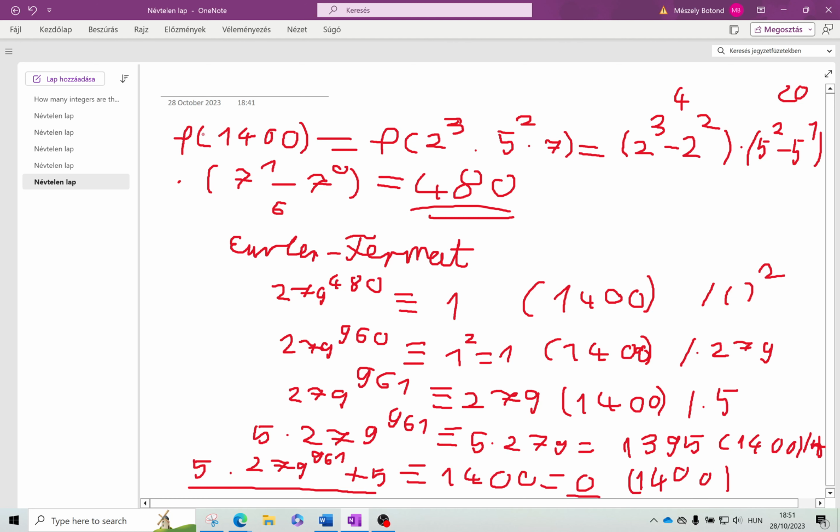It's this funny symbol. Give me a second.